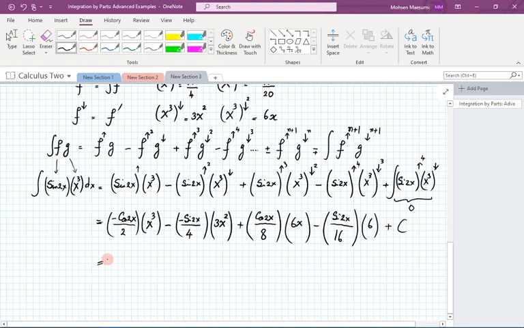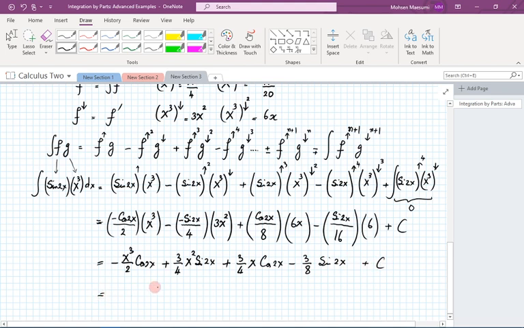Now time to clean up, so I write this thing: minus x cubed over 2 cosine of 2x, minus 3/4 of x squared sine of 2x, 6 over 8, that is 3/4 of x cosine of 2x, 6 over 16, same as 3/8 of sine of 2x, and a constant.